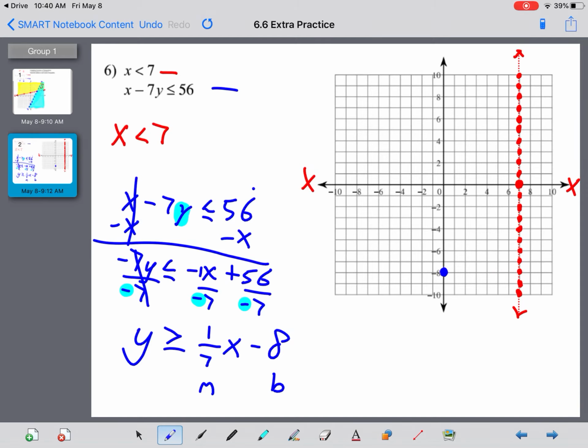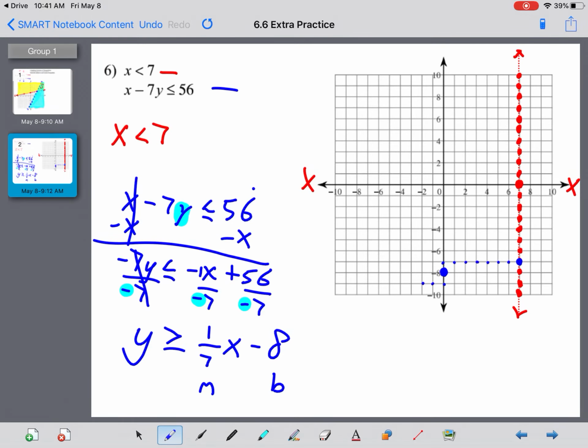Here's your m. Here's your b. Our y-intercept is at negative 8. Now my slope tells me to go up 1 and to the right 7, which is exactly what we're going to do. So go up 1 over 7. 1, 2, 3, 4, 5, 6, 7, right here.